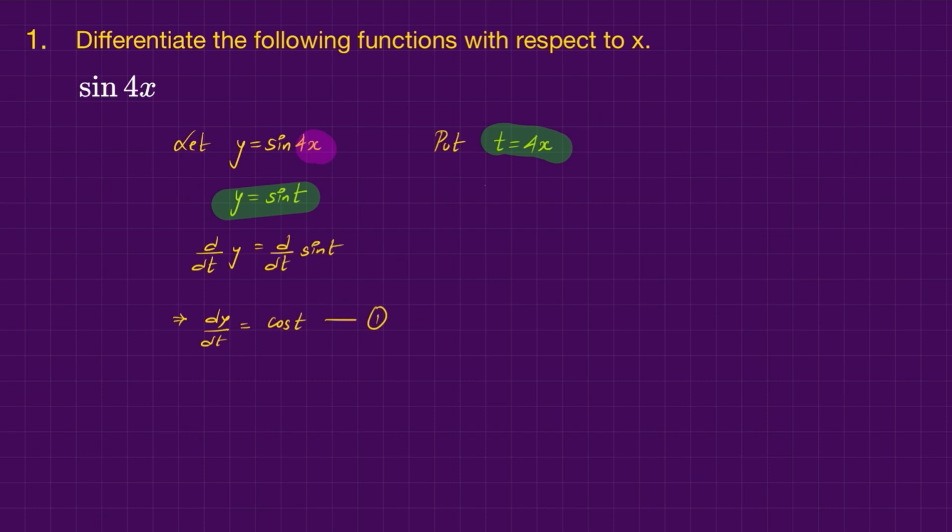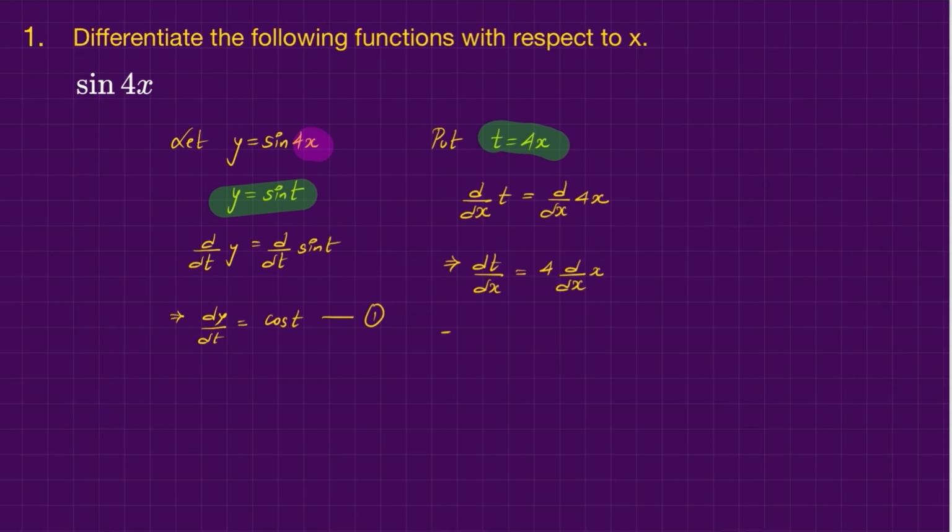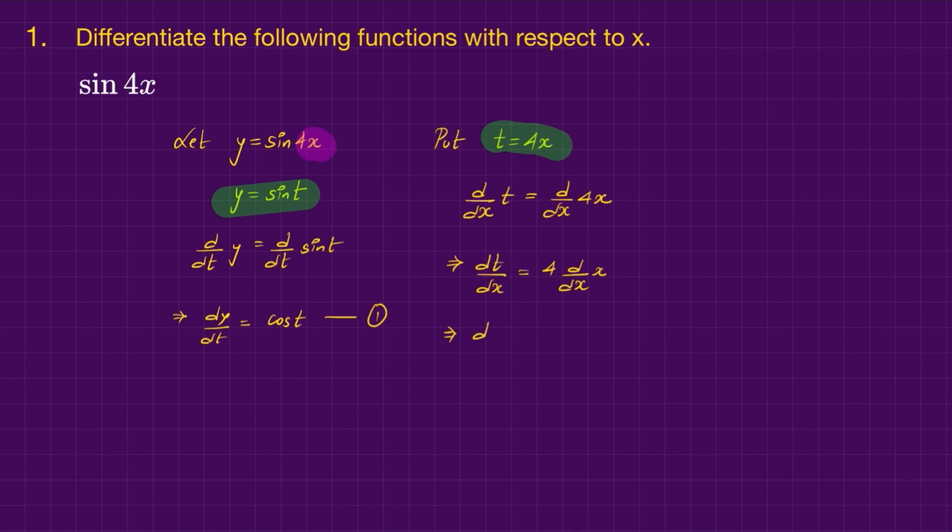So d/dx of t equals d/dx of 4x. This implies dt/dx equals, since 4 is constant, I will write 4 in front, d/dx of x. So dt/dx equals 4 into 1 because d/dx of x is 1. Let this be my equation 2.